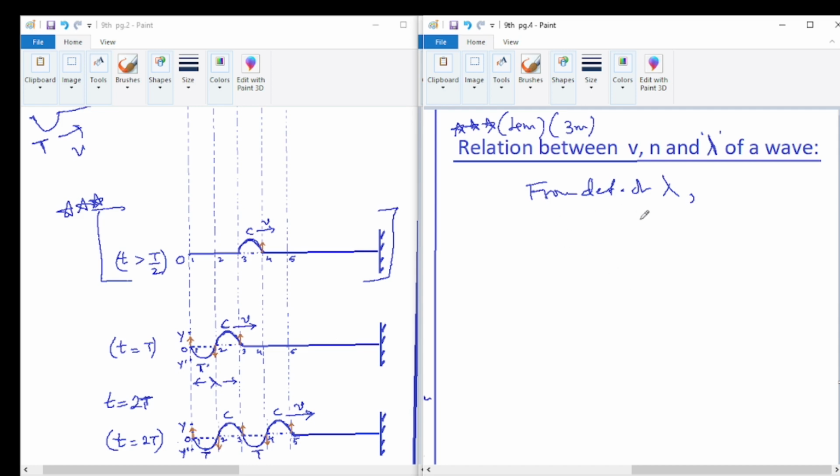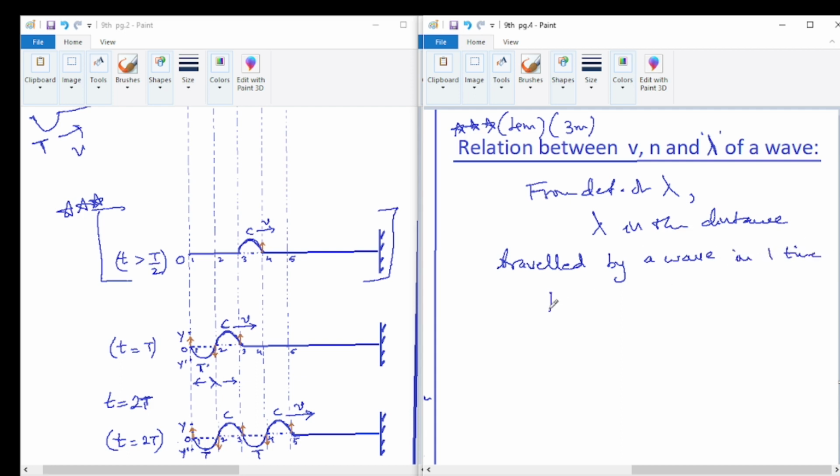So from the definition of wavelength, lambda is the distance traveled. Always while deriving the relations, whether this relation or the previous relation, first we have to state the definition, and from the definition we have to get the next steps. Lambda is the distance traveled by a wave in how much time? In one time period.